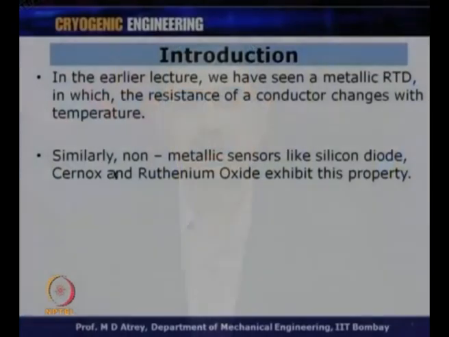In the earlier lecture, we have seen a metallic RTD in which the resistance of a conductor changes with temperature. We found that as the temperature decreases, the resistance decreases as far as these RTDs are considered. Similarly, many times we prefer non-metallic sensors also because of various other reasons, because we can actually make the kind of sensor which we want.